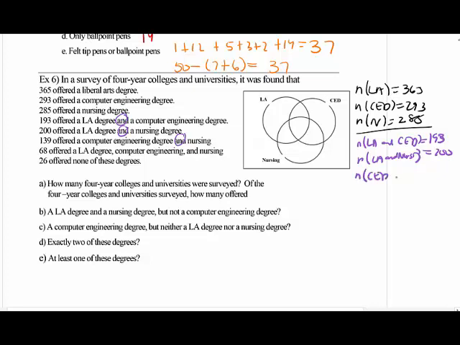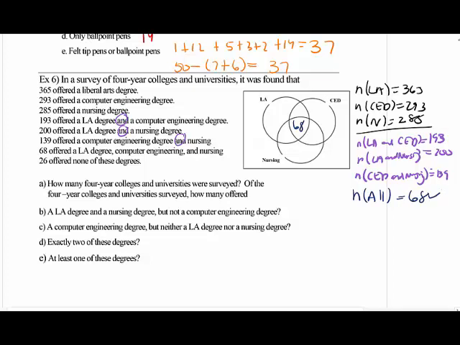Computer engineering and nursing is 139. And then going to my next piece, they have 68 offered an LA degree, computer engineering degree, and nursing. We should know that that means all, because it tells me all three of them is 68. So right off the bat, I know that goes in. That meaning I don't have to subtract anything.